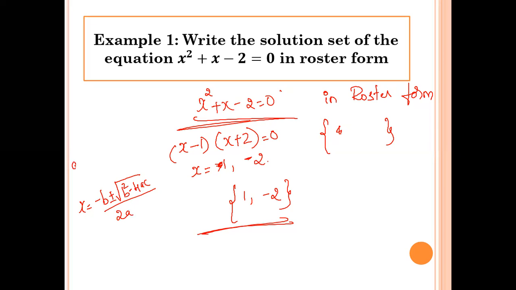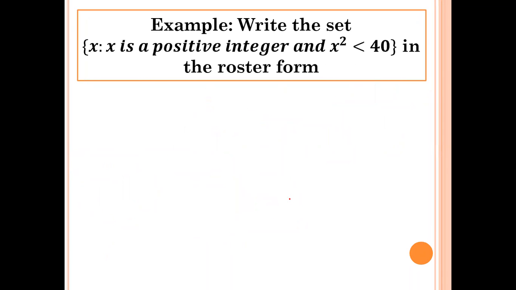If you have the quadratic equation ax square plus bx plus c equal to 0, then comparing the coefficients, a is 1, b is 1, c is minus 2. If you substitute, you'll get the values for x. Those values you have to put in a set. So the answer is 1 comma minus 2. We'll move on to the next question.